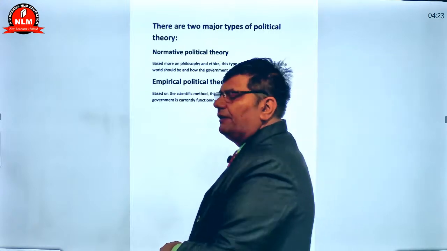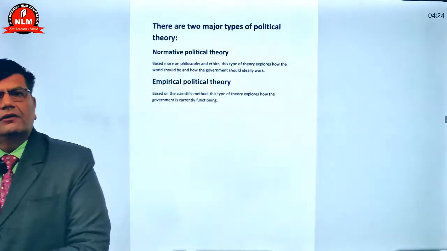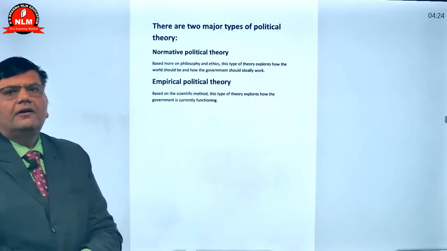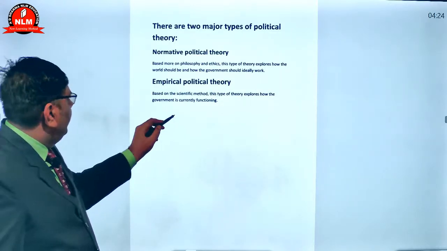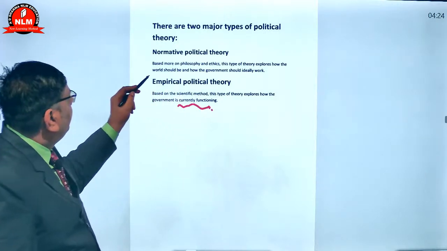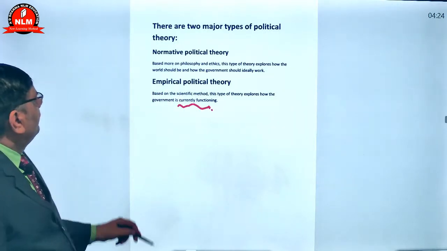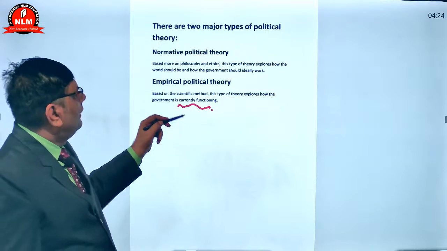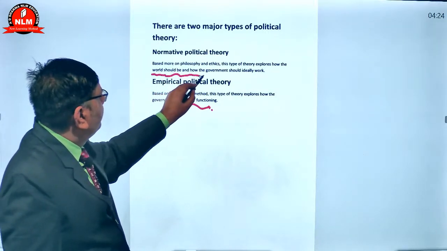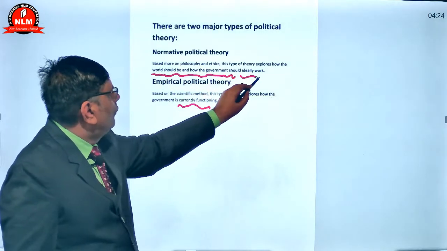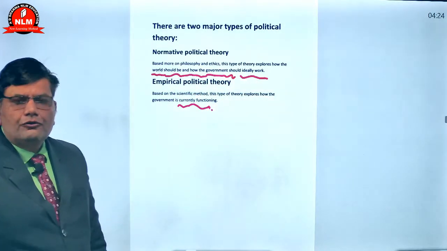It means empirical theory believes in fact, scientific technique and current functioning. And normative political theory is focused on ethics and how the government should ideally work, a good society and a good state.